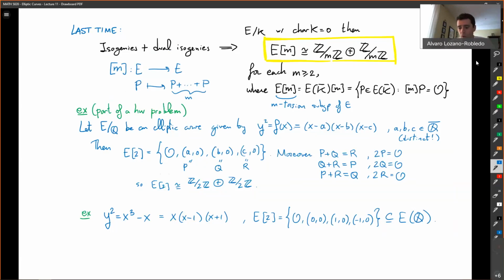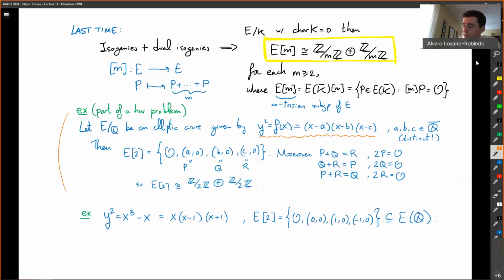Okay, so for example, and this is part of a homework problem from what I call homework set number 2. When you have an elliptic curve over Q or over another field of characteristic 0, and you give your elliptic curve in short Weierstrass form, y squared equals f of x with f of x a cubic.